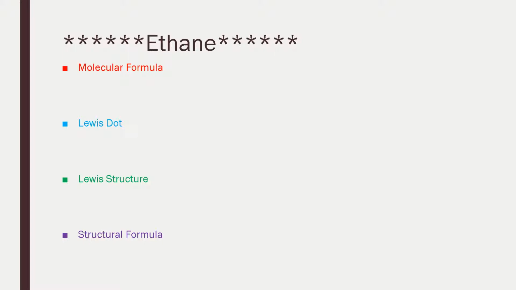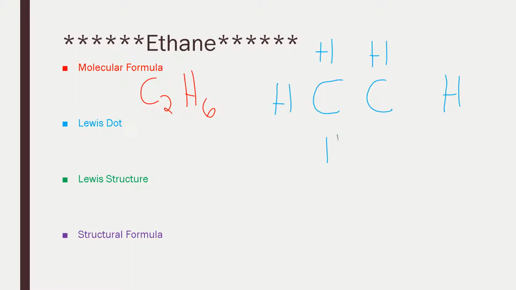So the molecular formula is C2H6, and the Lewis dot of this will show 2 C's and 6 H's, and those will all be connected with bonds, of course. There we go.